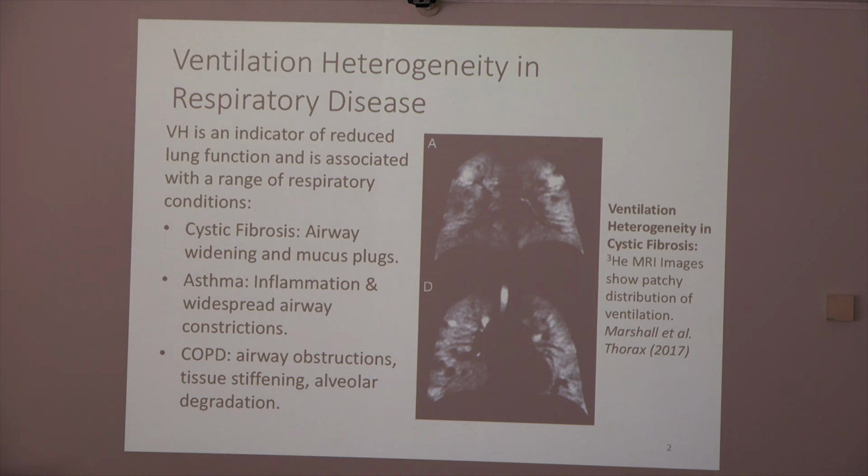And this is as much a symptom of other things happening as it is a problem in itself, because you can cope with a certain amount of ventilation heterogeneity and not have any noticeable downstream effects on perfusion.